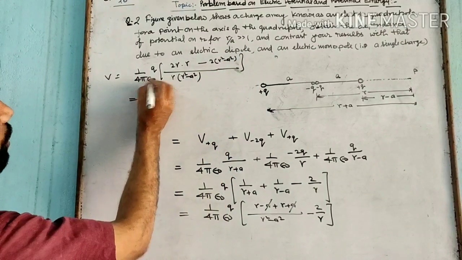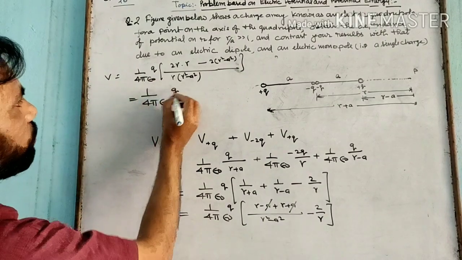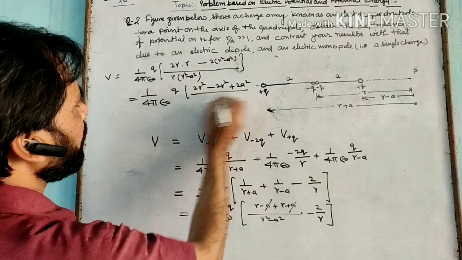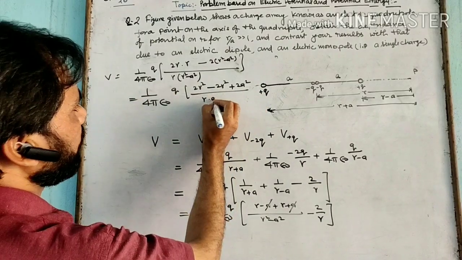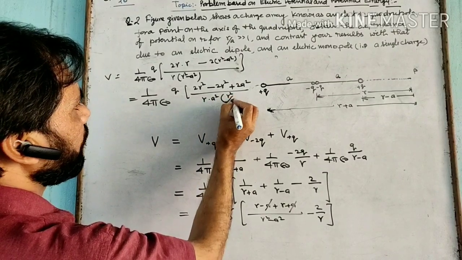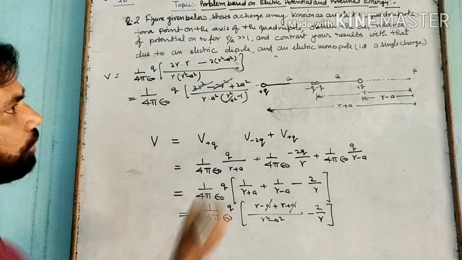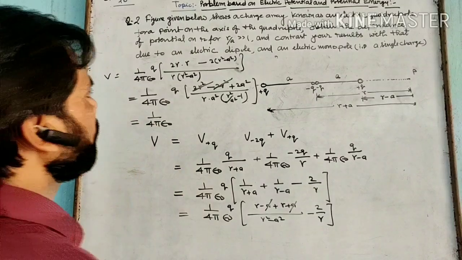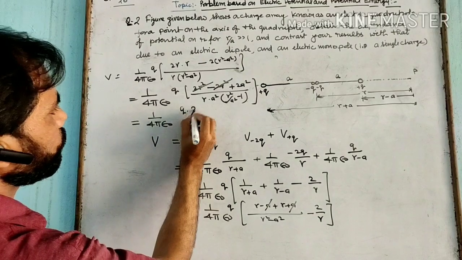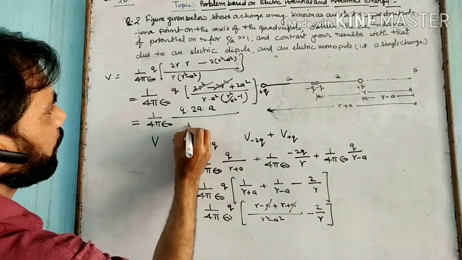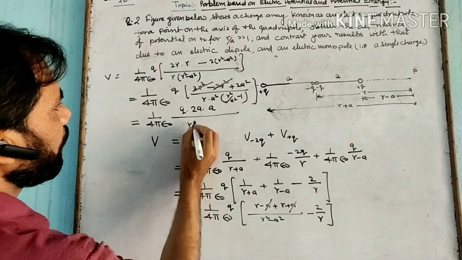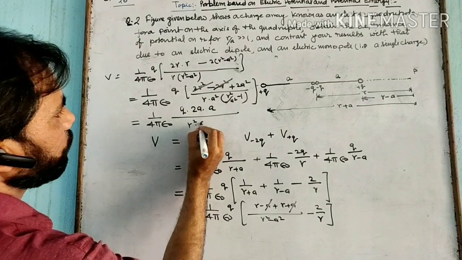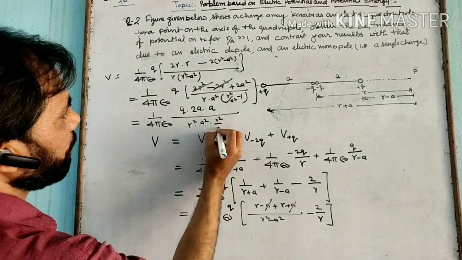Okay, so we have 1 upon 4 pi epsilon 0 q and 2r square minus 2r square plus 2a square upon r into, take a square outside, and we have r square upon a square minus 1, 2r square cancel out, so we have equal to 1 upon 4 pi epsilon 0 q into 2a into a upon r, r, we can write this as r square into a square into r square upon a square.